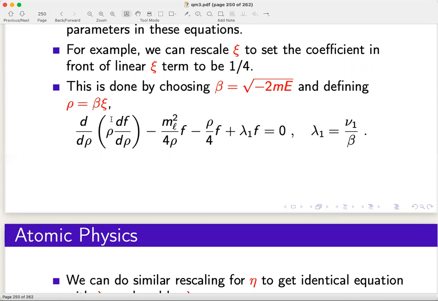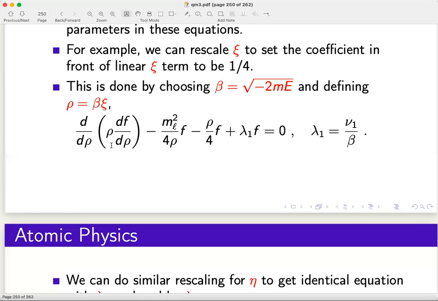Suppose you open up this bracket, then you will see that d/d rho would act on rho. That will give you a first derivative of f piece. And when d/d rho doesn't act on rho, then it gives you rho times the second derivative of f. So this equation contains second derivative of f piece and the first derivative of f piece.